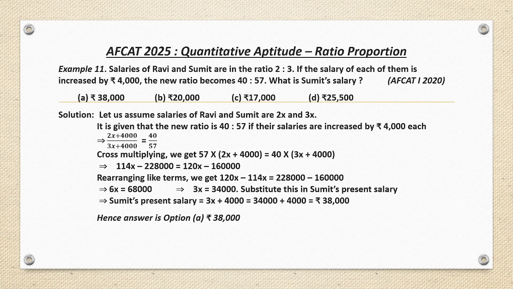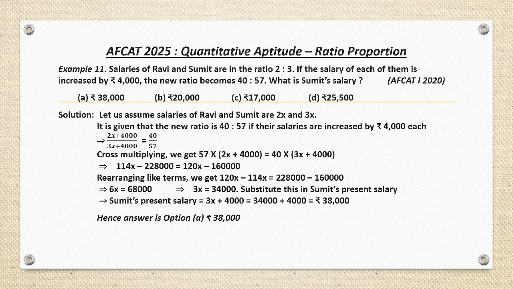So here the equation will be, let us assume salaries of Ravi and Sumit are 2x and 3x. Then 2x plus 4,000 to 3x plus 4,000 is 40 to 57. So we have got the new ratio 40 by 57 is equal to 2x plus 4,000 divided by 3x plus 4,000.